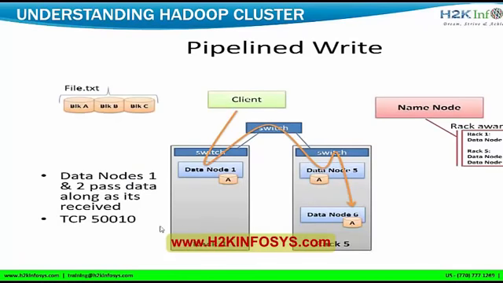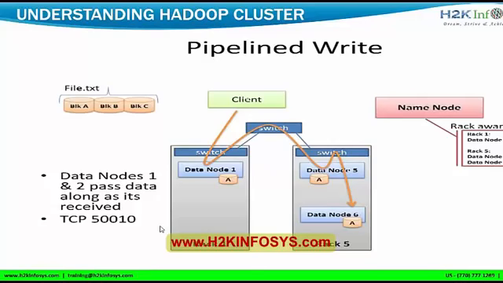Before that, the actual internal operation is that the client will write only to data node 1. If you take block A of file.txt, he will write block A only to data node 1. Internally, data node 1 will take and replicate block A to another data node. So if you see this line, the client is talking to data node 1, and data node 1 will talk internally to data node 5.